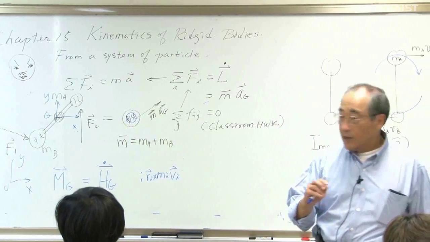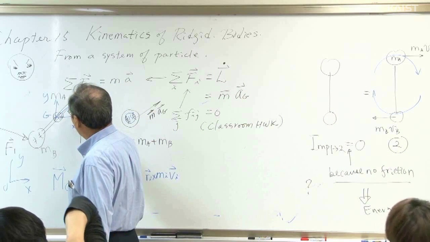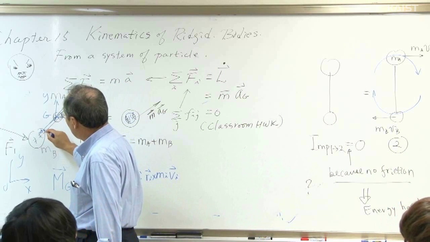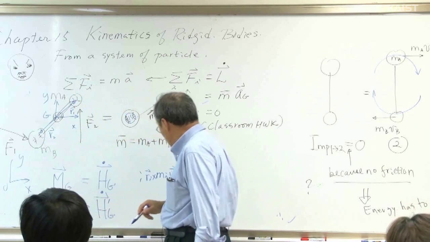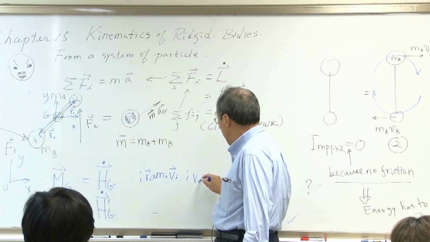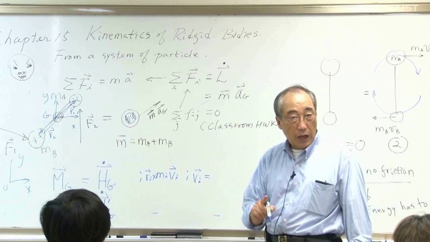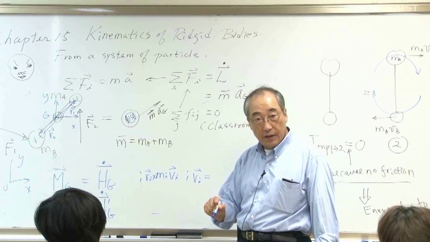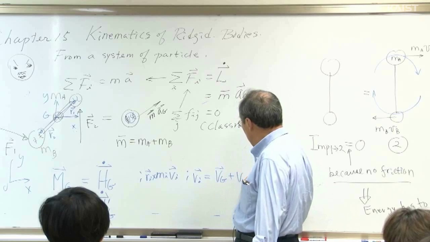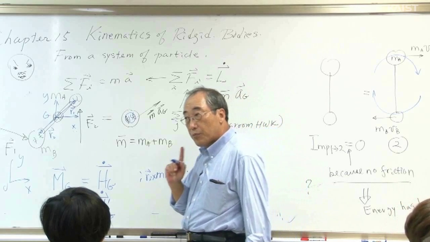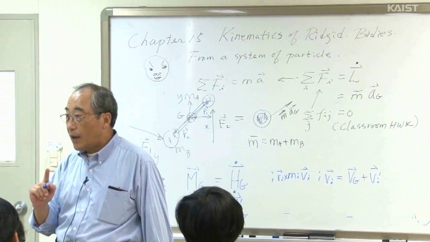Ri is, for example, this is R1 and this is R2 in this case. Okay? And Vi is the absolute velocity. Therefore, that is the velocity Vg plus Vi prime. Vi prime is the velocity measured with respect to g, x, y.